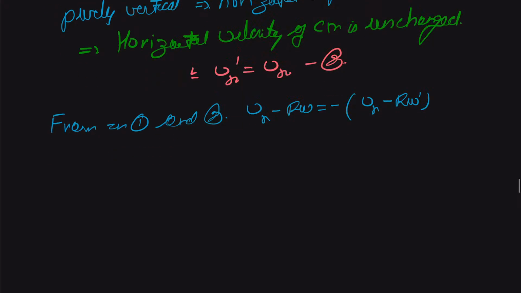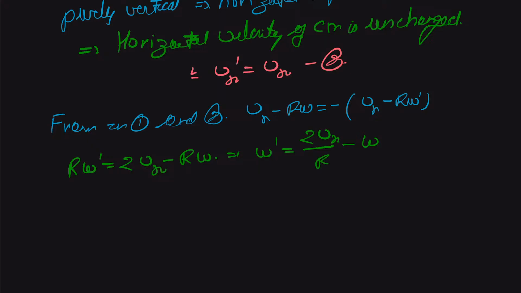And we can just sort it out and we can write this as our r omega prime will be equal to twice Vx minus r omega. And from here we can say that our omega prime is equal to twice Vx upon r minus our omega.